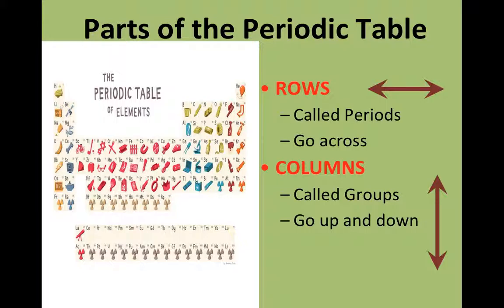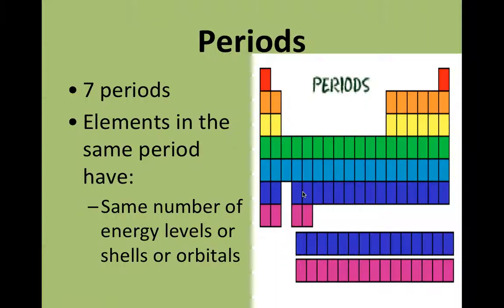Okay, now there are some components and parts of the periodic table. Rows go across, and they are called periods. Okay, and that's the technical name we need to get familiar with. So periods go across, and columns are your groups, or they can be called families. So your columns go up and down, rows go across.